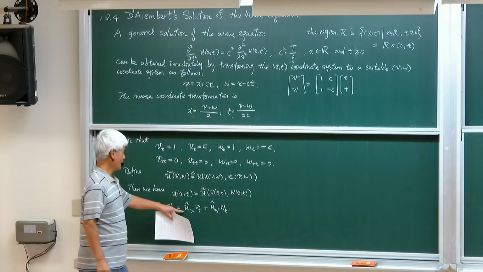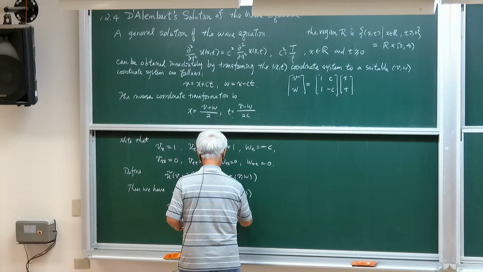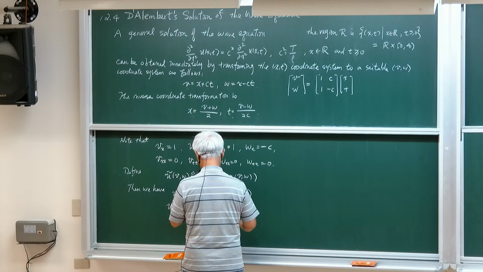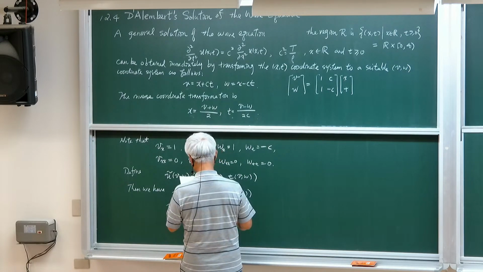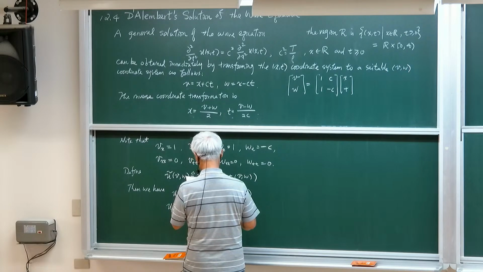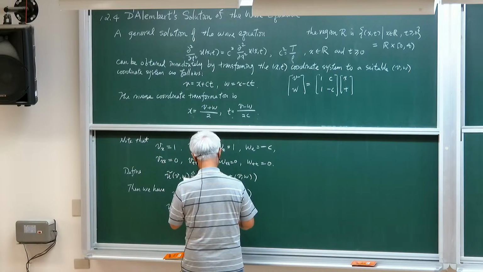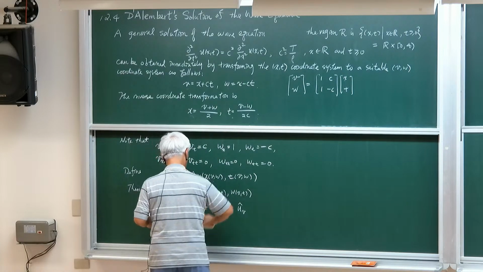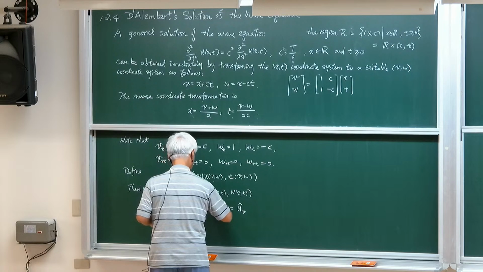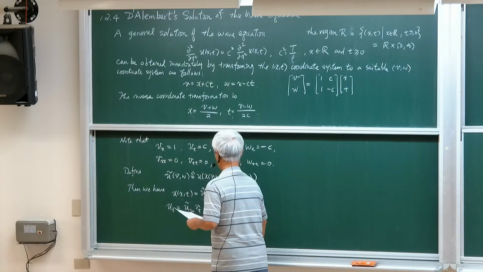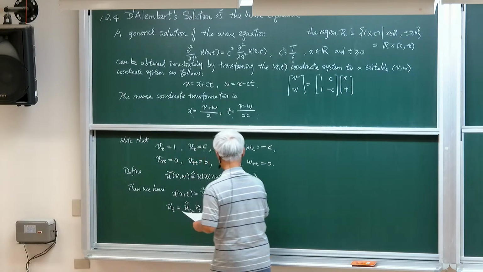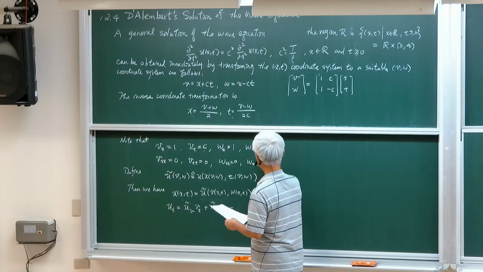Okay, and so we have u tilde. Now, Vt is c, right? And Wt is minus c.